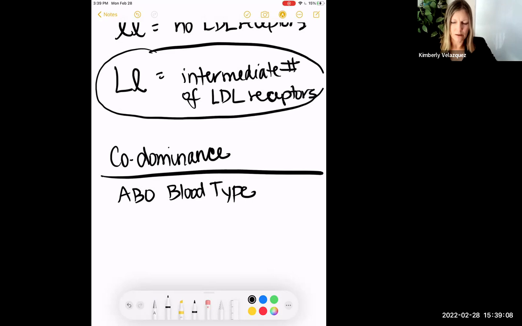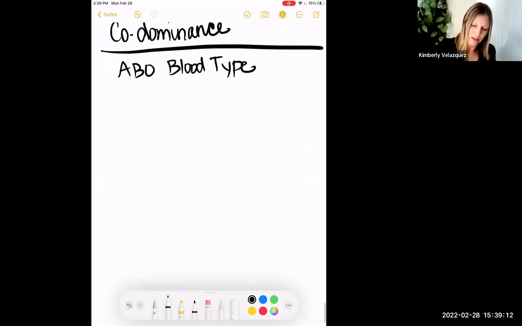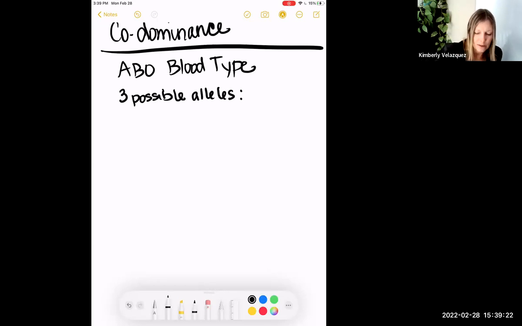So this is how it goes. There are 3 possible alleles for human blood type. And they look like this. They're going to look a little bit different than everything we've looked at before. This is the type A allele.